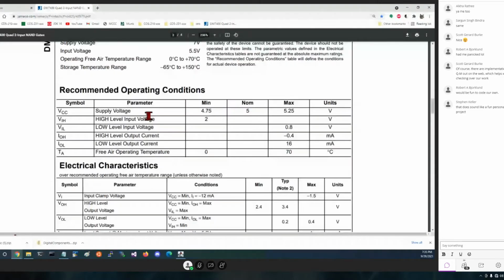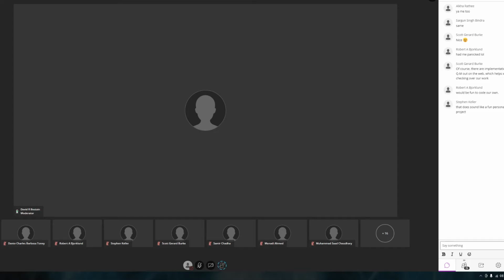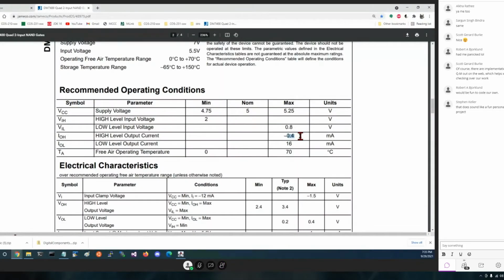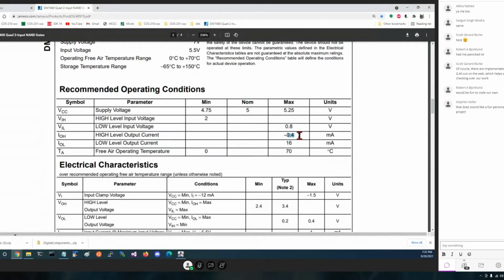the numbers we were just talking about. VCC, 5 is nominal, 4.75 to 5.25. High level and low level voltages, high level, low level currents. Notice we put a minus sign on the 0.4.